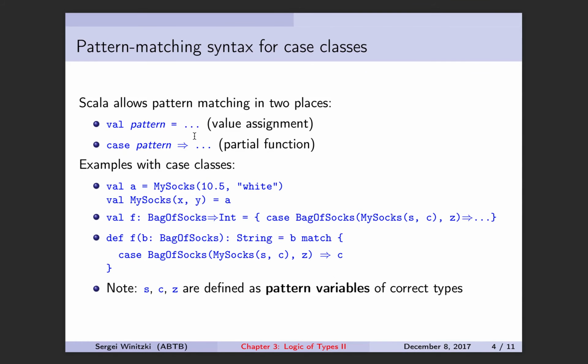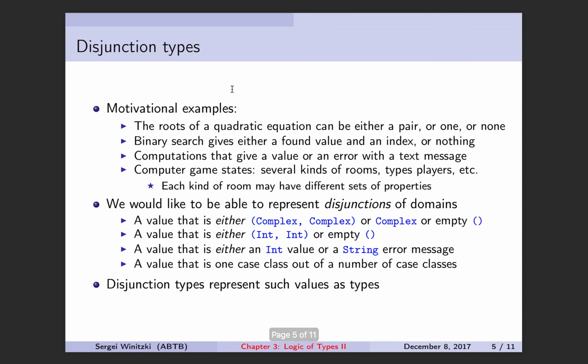To work with case classes, I show pattern matching syntax on examples and explain how pattern variables work in pattern matching. And then it prepares me for explaining disjunction types.